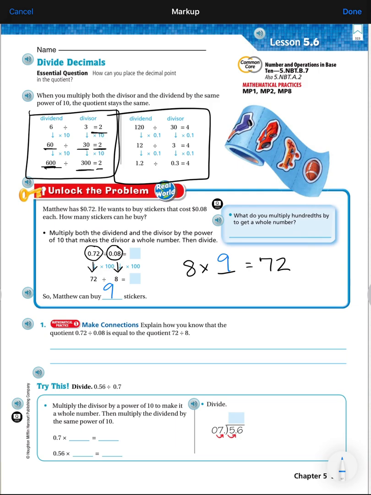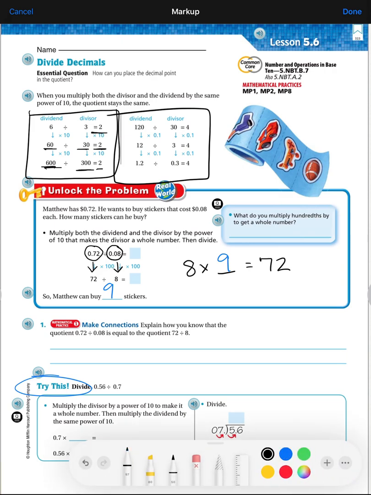I want to look down below at the try this, where it says divide 0.56 divided by 0.7. So down here at the bottom where it says try this is where we are going to be next. It says to multiply the divisor by a power of 10 to make it a whole number.